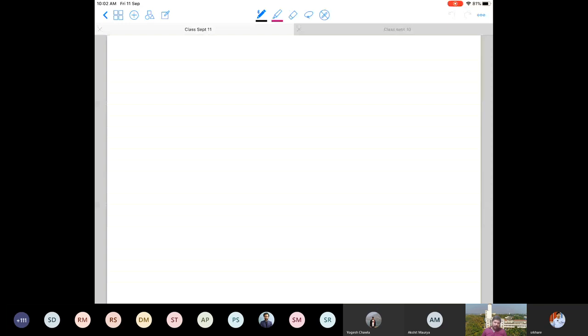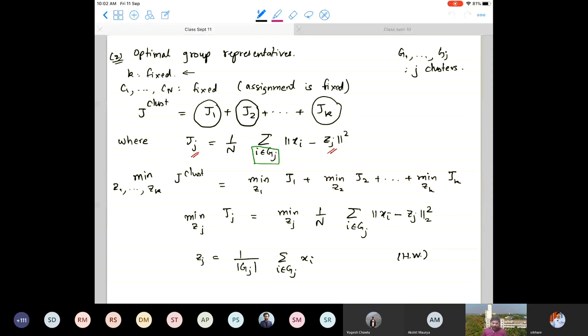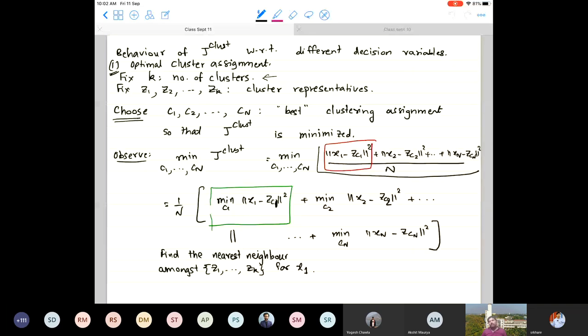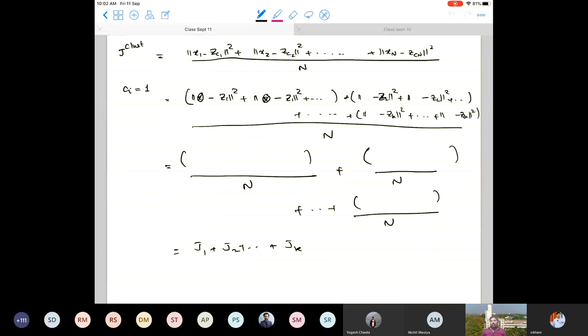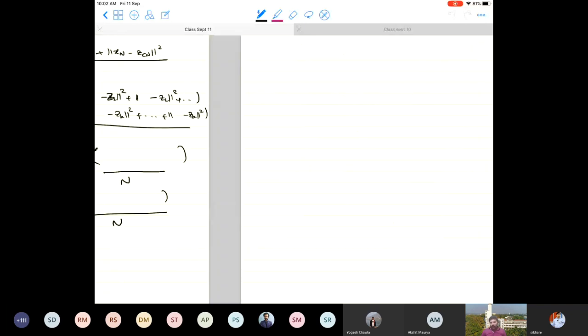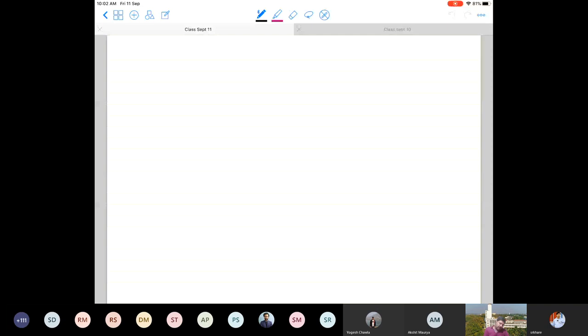If I fix the cluster assignment, I can easily find the optimal cluster representative. And if I fix the cluster representatives, I can easily find the optimal cluster assignment, right? Based on this we can come up with an iterative algorithm, and that iterative algorithm is the k-means algorithm.